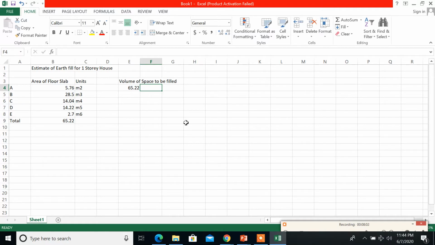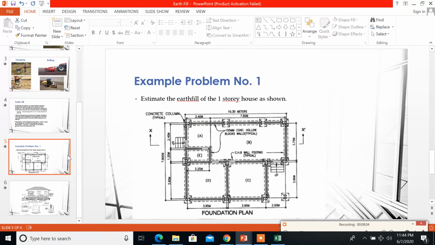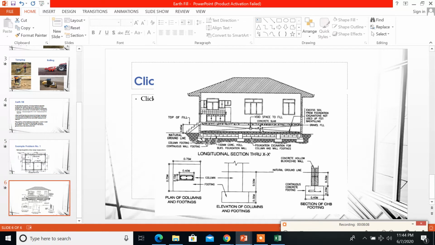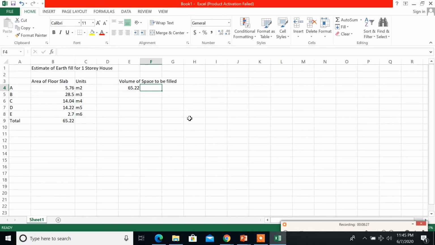Then next, we multiply it by the height of the void to be filled. What is our void to be filled? Based from the longitudinal section, the void space to be filled is equivalent to 0.85 meters, which is the excess soil from foundation excavations not used up for backfilling. So the height is 0.85, times 0.85 meters.